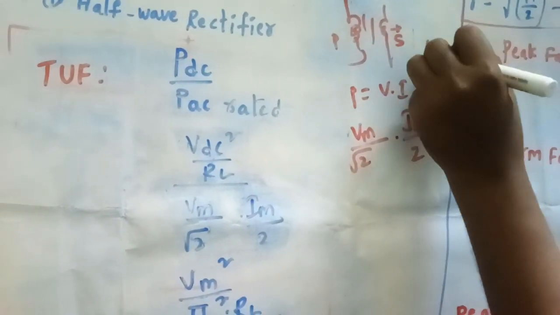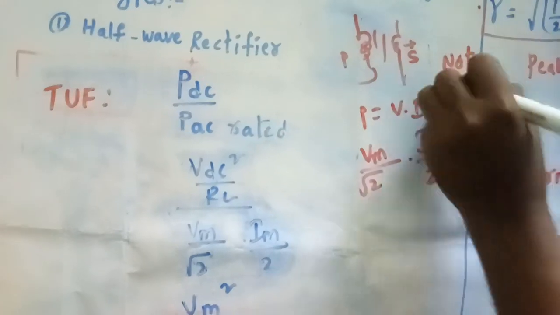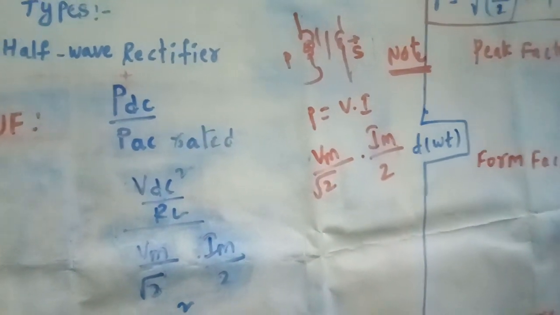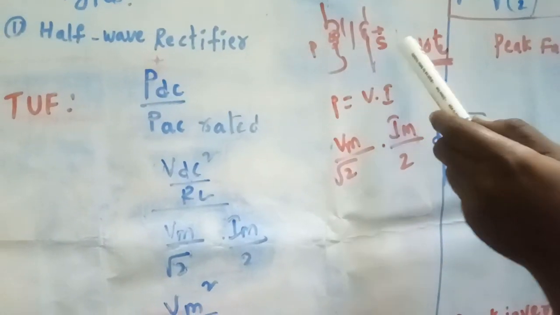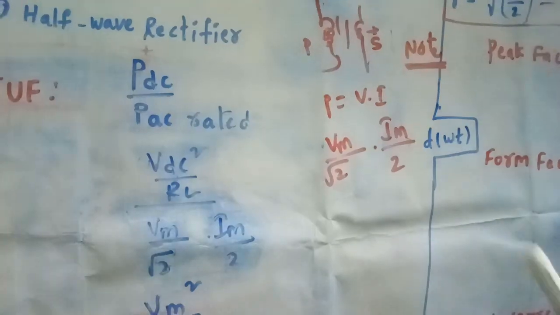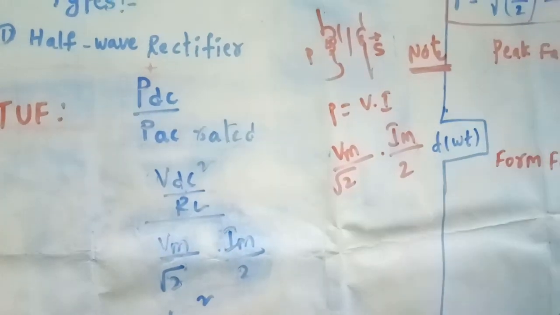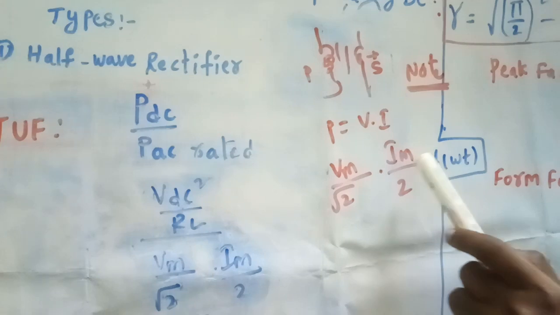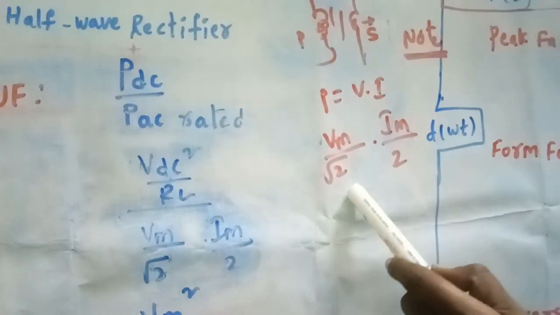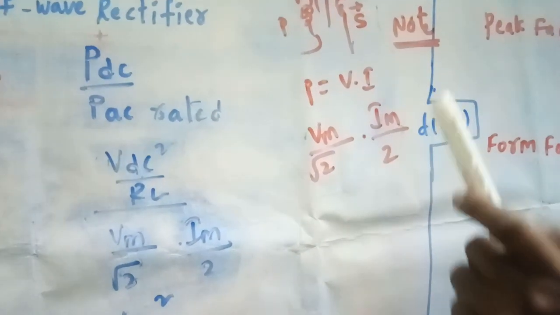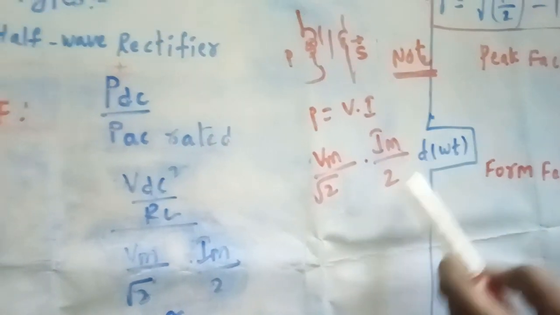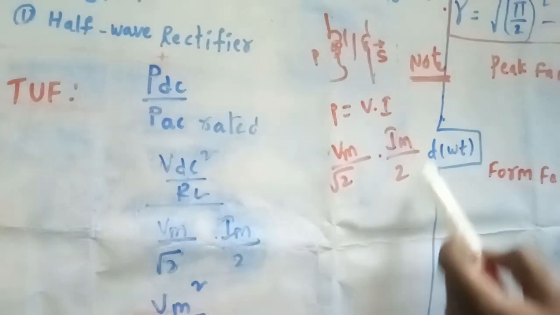This is a very, very important note. Remember this: for a half wave rectifier, the rated voltage is Vm by root 2 and the current is Im by 2, not Im by root 2. Voltage is Vm by root 2 but current is Im by 2. These two give the rated power from the transformer secondary.